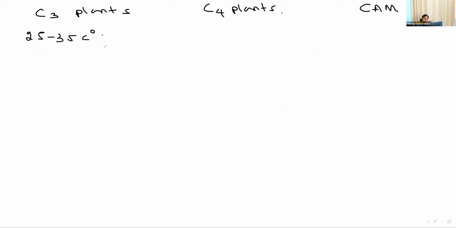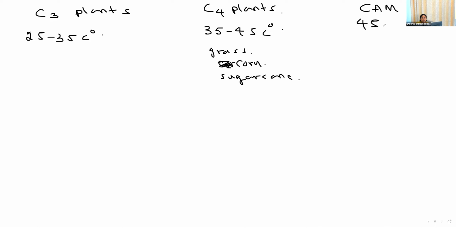So the normal warm temperature is C3, but a little bit hotter is C4. I said grass, sweet corn, not normal corn, and then sugar cane. And beyond 45 degrees, more than 45 degrees, is the CAM plants, right?